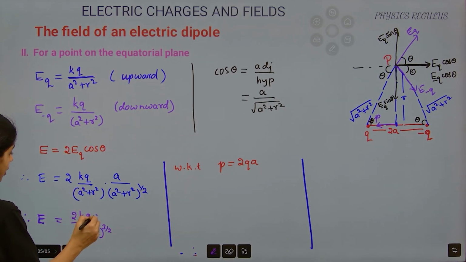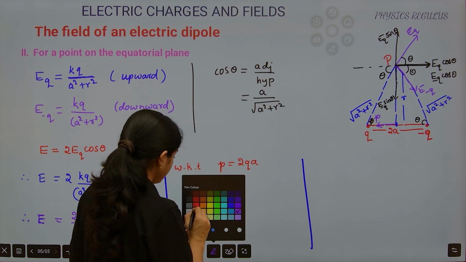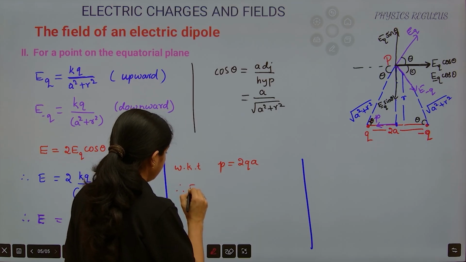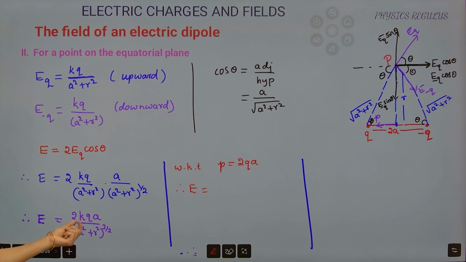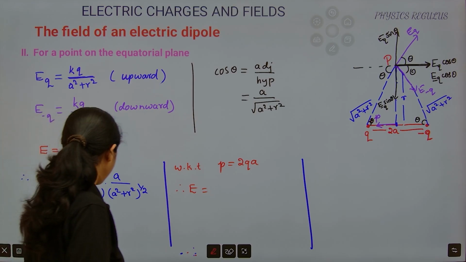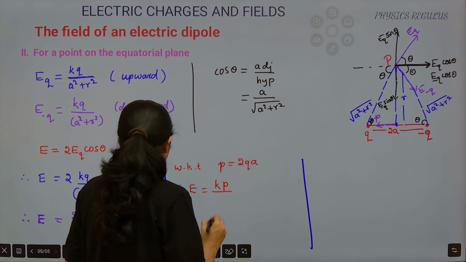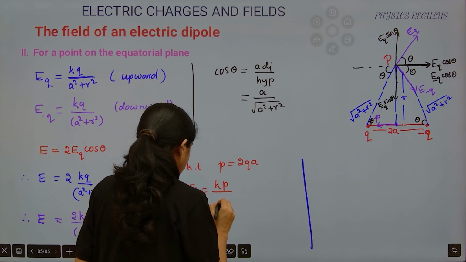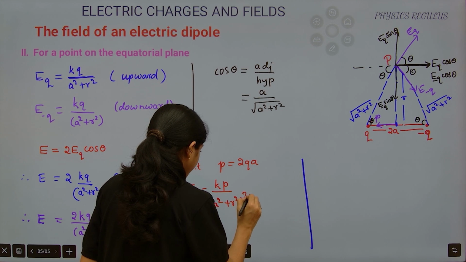Therefore, electric field E equal to, if you replace 2qa by dipole moment p, you will get k into p by a square plus r square raised to 3 by 2.